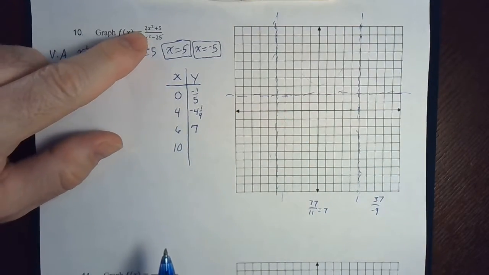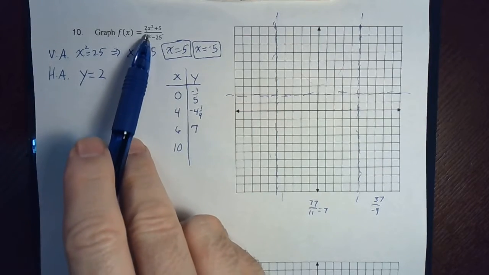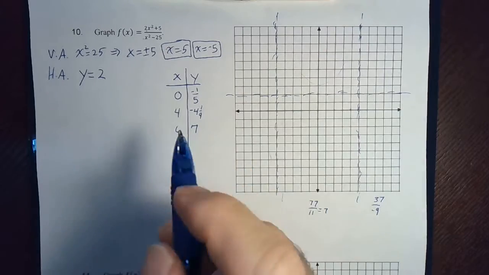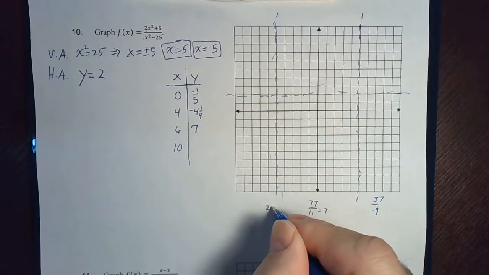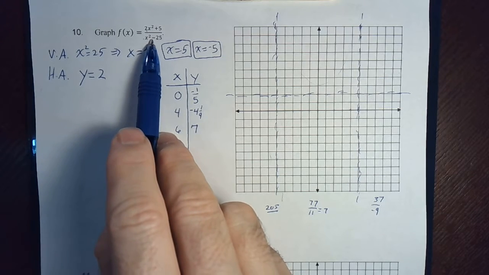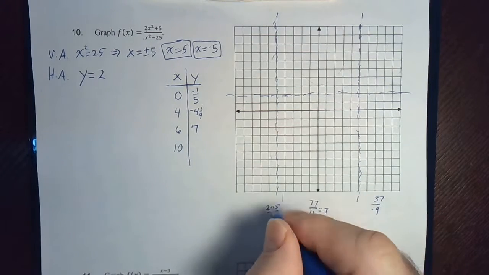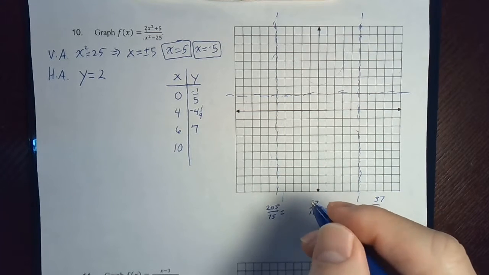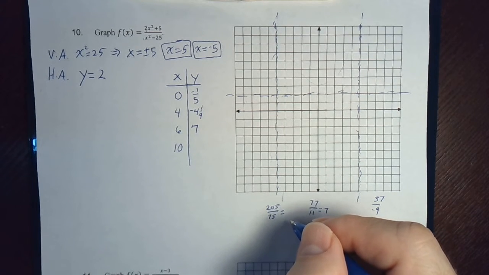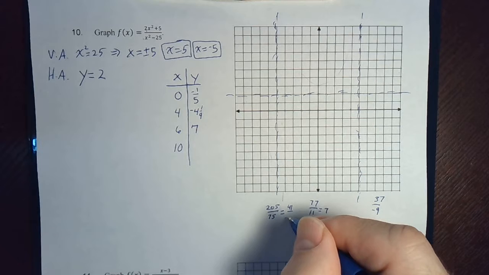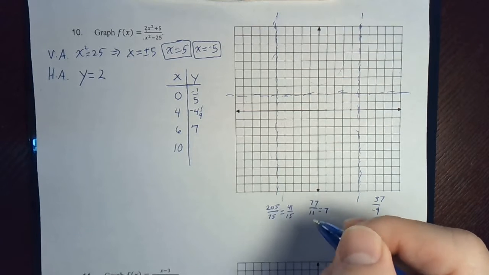And then finally plugging in a 10, that shouldn't be too hard. 10 squared is 100, so that'd be 200 plus 5, 205, over, plugging a 10 in the denominator, 100 minus 25 is 75. If we divide those by 5, we would get 41 over 15, I believe.